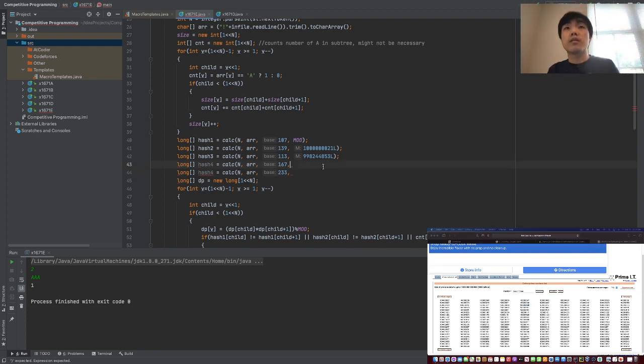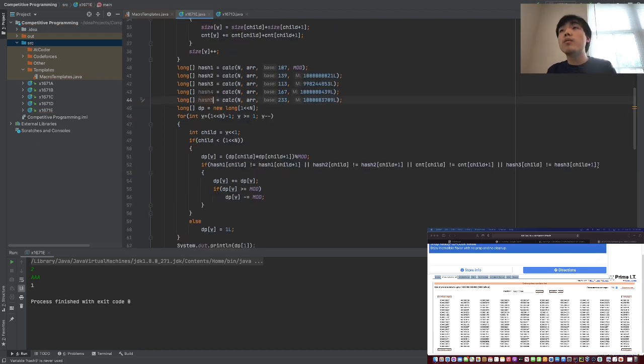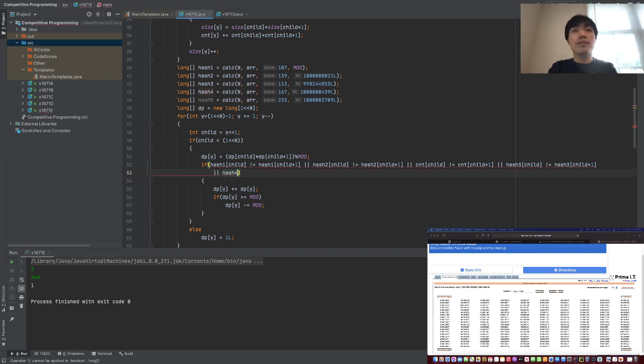And then if we do, let's do this. And then we do another random thing. Long hash 5, or hash 4 at child is not equal to hash 4 at child plus 1, or hash 5 at child is not equal to hash 5 at child plus 1.